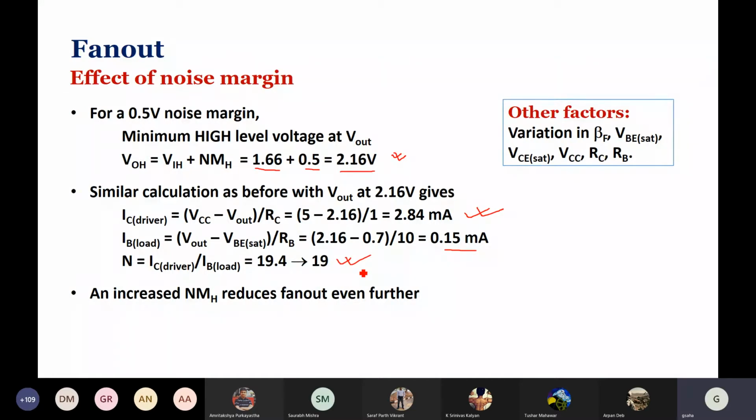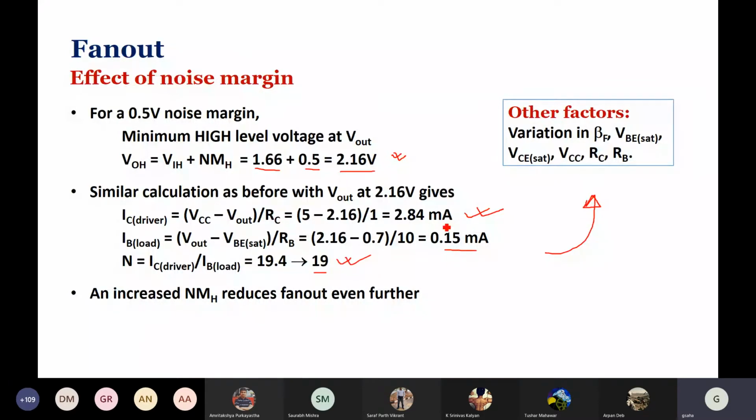So if you look for more noise margin, of course, fan out will further reduce. But if you bring more practical considerations into the picture for a practical circuit, the number will become even lower. Why? Because in our study, which is a bit simplistic, we have not considered variations.